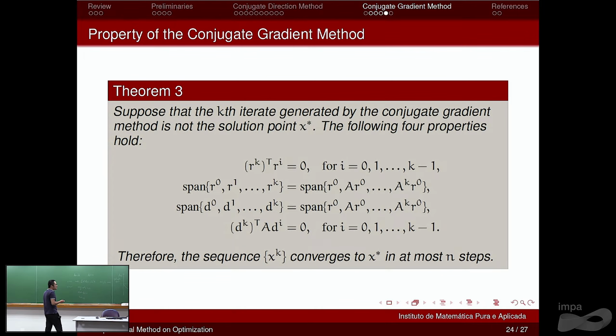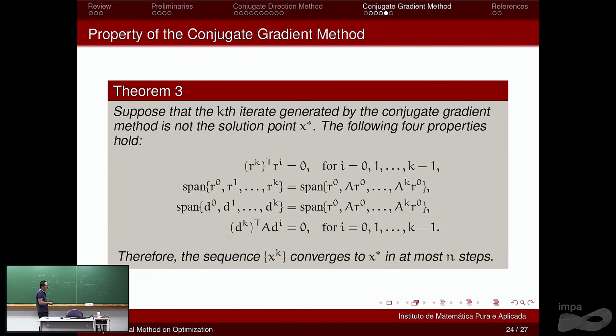For this algorithm, we have this very important property. If we assume that at iterate k, generated by the linear conjugate gradient method, xk is not the solution, then you have four important properties. Okay, you see you also have this orthogonal property among the residues.